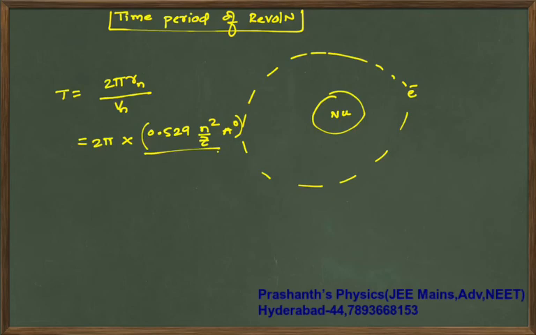Because the electron is going with constant speed, you can write this as 2.2 into 10 power 6 z by n. So from this you will get some constant times n cube by z square.